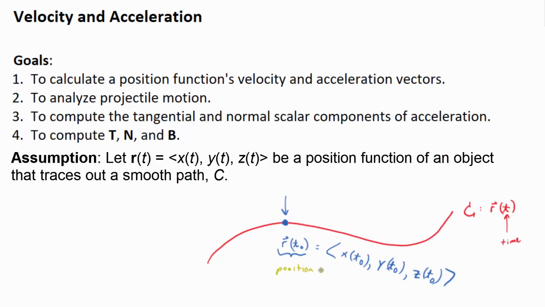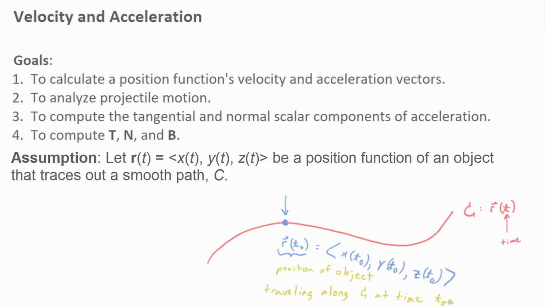Position of object traveling along the curve, traveling along C at time t naught. That's what we mean by a position function. Does that make sense? And unless otherwise said, the position function is going to be nice and smooth. They're not going to have any sharp corners on it.